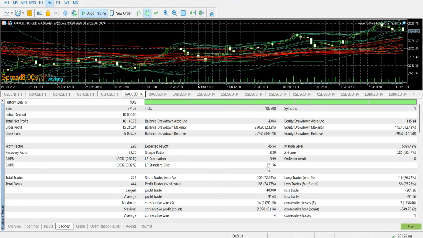And my whole intention with this new kind of set files was the following. I wanted a system that has a 1-to-1 risk-to-reward ratio as an average, and I wanted to create multiple dynamic exits that are helping the system to close trades earlier than the stop loss and the take profit as well at some cases.